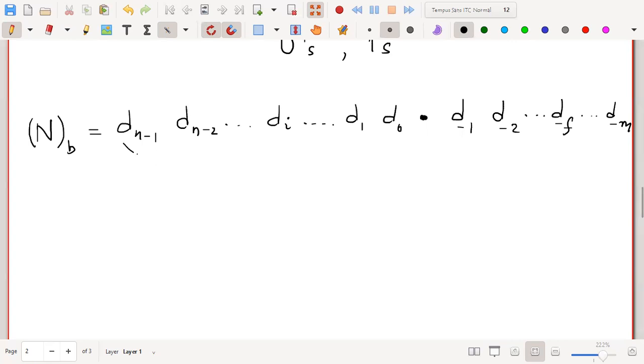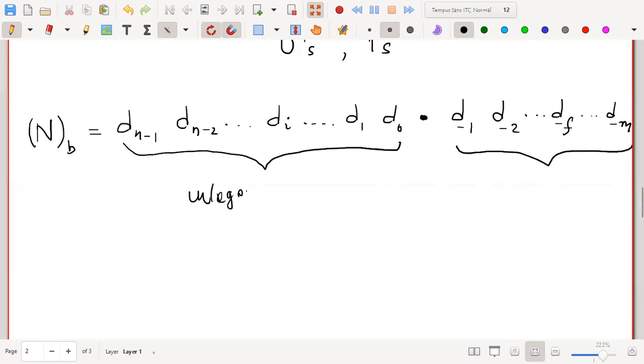So now let me try to divide this. You see, this is the integer part of the number system. From the radix point on the left side, we call these the integer part, and then these are the fractional part. Here let me just write integers, and then these are the fractions.